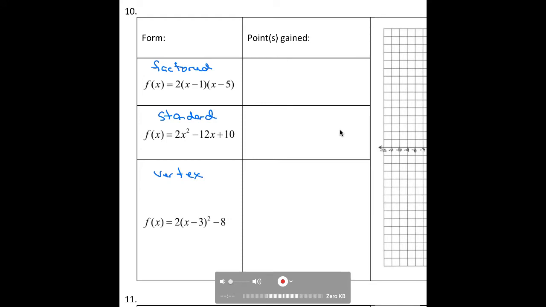So, in factored form, this is where we're at right now. What can you tell me from factored form? The x-intercept. Correct. And for this particular example, what are the x-intercepts? (1, 0) and (5, 0).